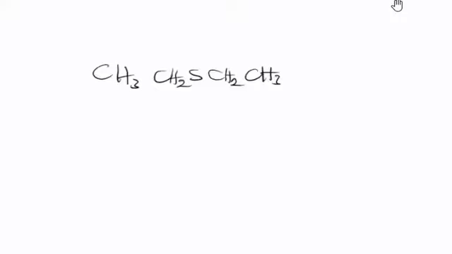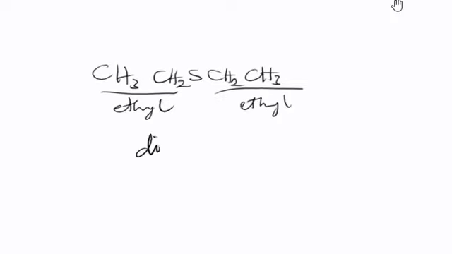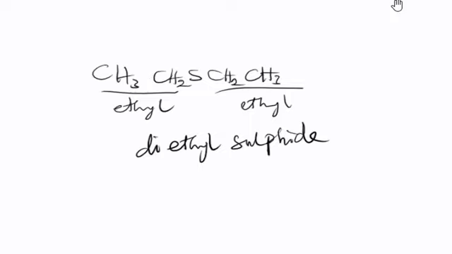So I have the first alkyl group here, and I have another alkyl group here. So what alkyl is this? This is an ethyl, and it's symmetrical to this, so this is an ethyl. So I can simply add the word di and then ethyl, and then at the end I put the word sulfide. So as simple as that.